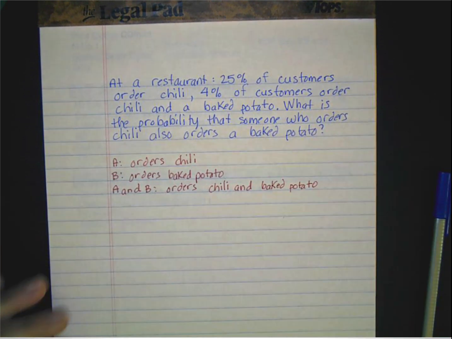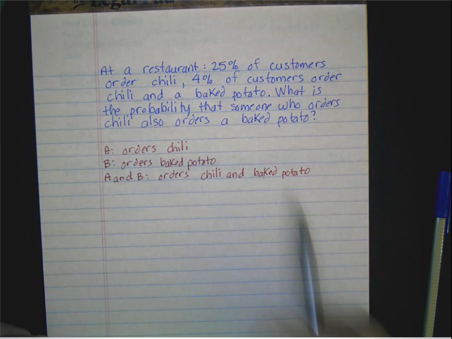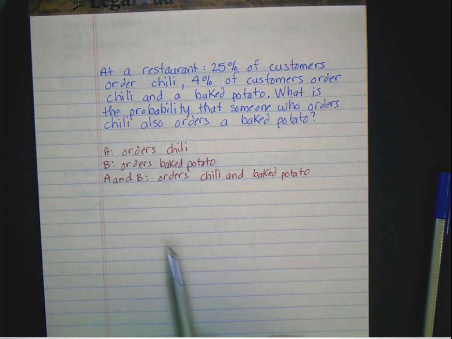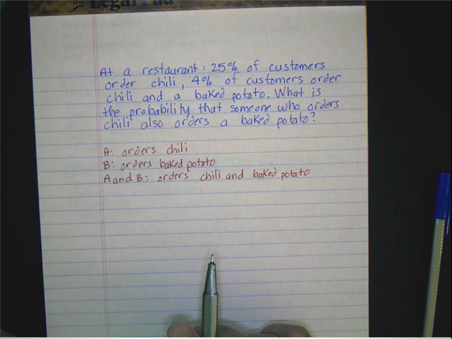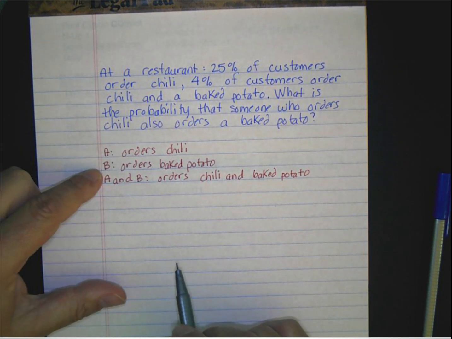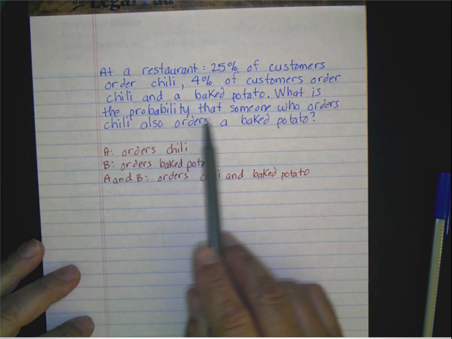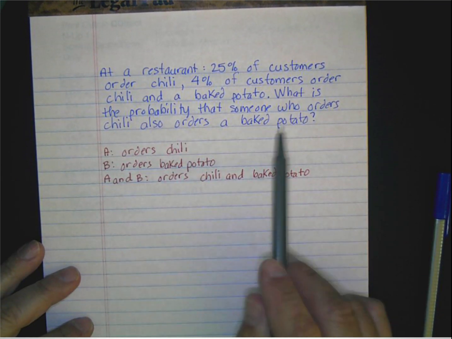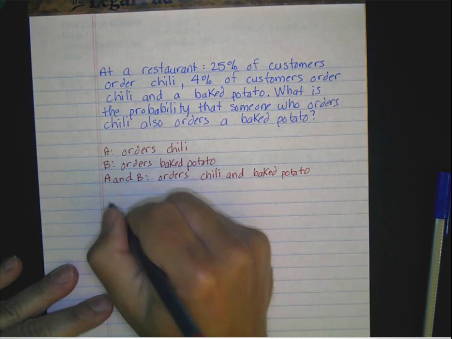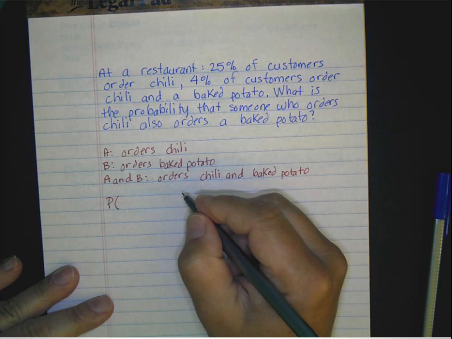Once we can assign these things, it's a little easier. We're trying to figure out the probability that someone who orders chili also orders a baked potato. So what we're trying to find is the probability of B given A. The probability of ordering the potato, given A, which is chili.